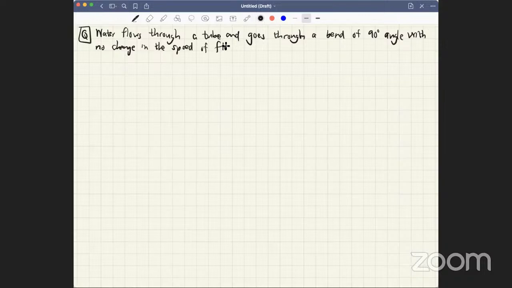So let's assume that there is no energy loss happening, no change in the speed of flow. Velocity is going to change, right? The speed of water flow was 27 kilometers per hour.